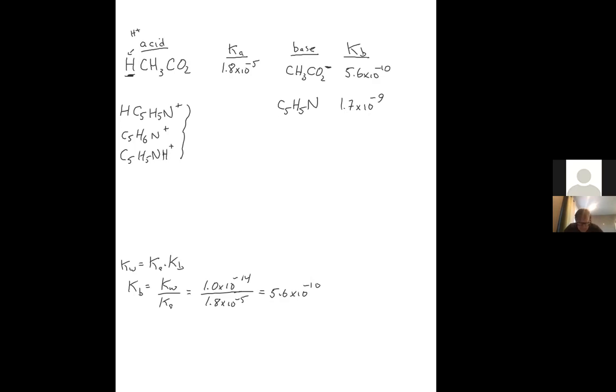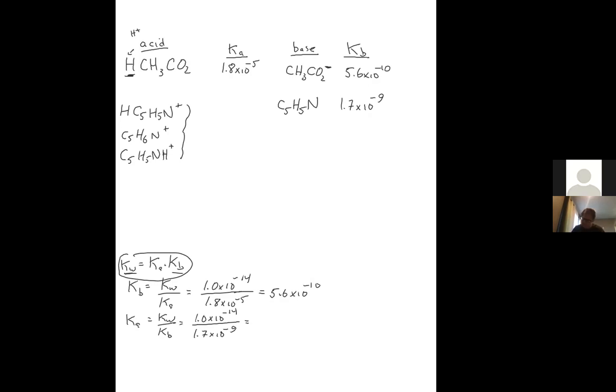Okay. So if we want to figure out what Ka is, again we're using this relationship here. Ka would just be Kw over Kb. So that's 1.0 times 10 to the minus 14 over 1.7 times 10 to the minus 9. I'm not really sure what that is, but let's grab a calculator and figure it out.